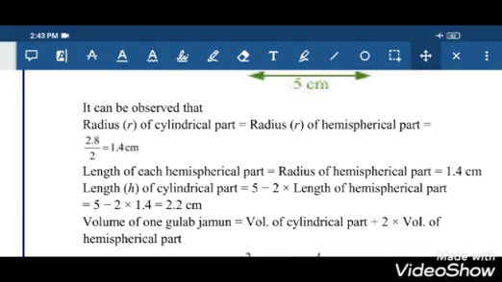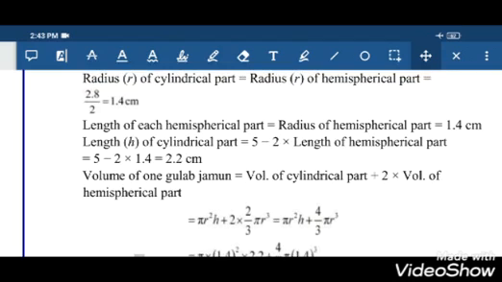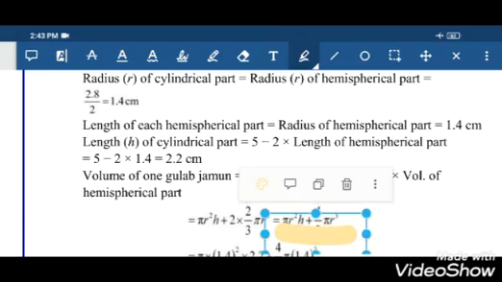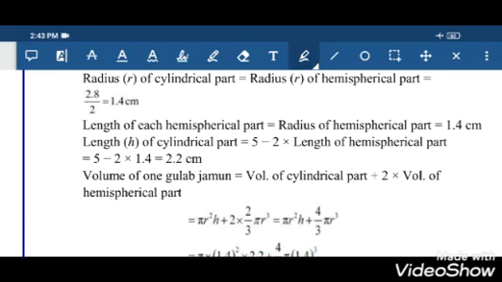The volume of a gulab jamun is the volume of the cylindrical part plus 2 hemispherical parts. You know the formula: pi r square h plus 2 into 2 by 3 pi r cube, that is, pi r square h plus 4 by 3 pi r cube.